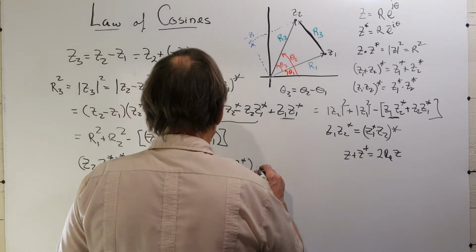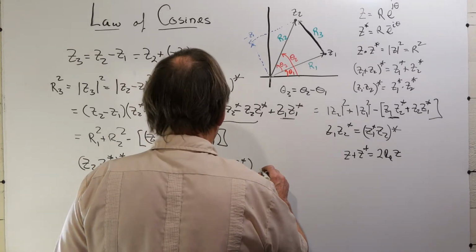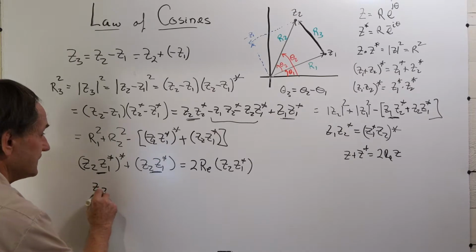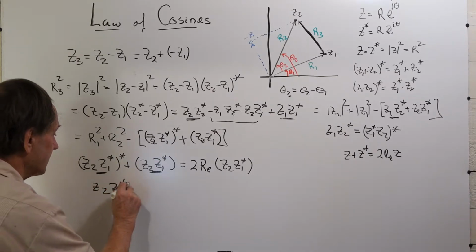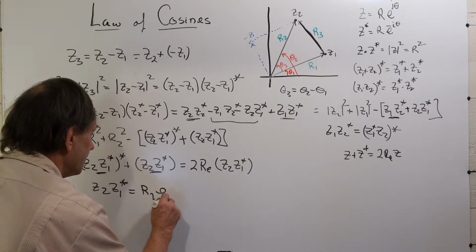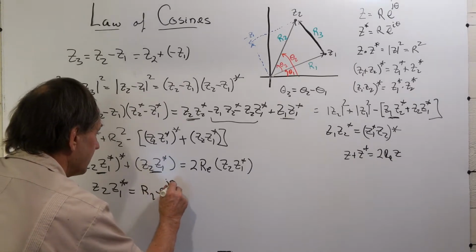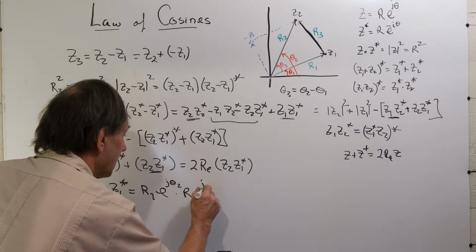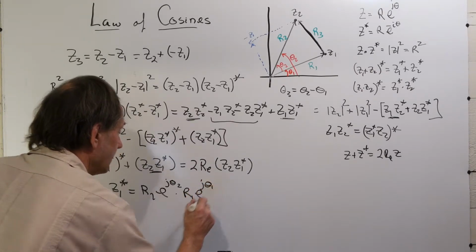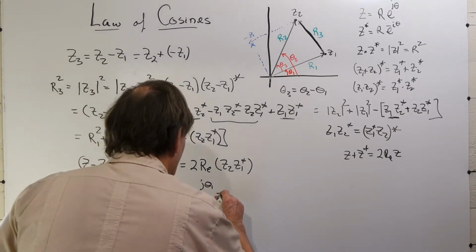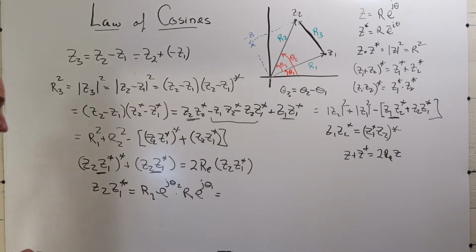So this becomes, let's look at Z2 Z1 conjugate. Writing this in polar form, we get R2 e to the j theta 2 times R1 e to the j, or I theta 1. I keep mixing them up between what mathematicians and engineers call it.